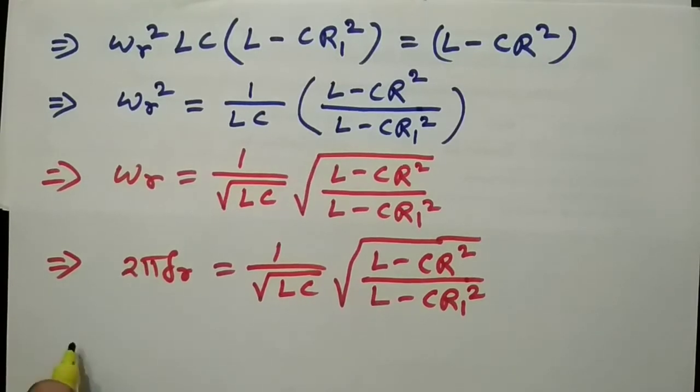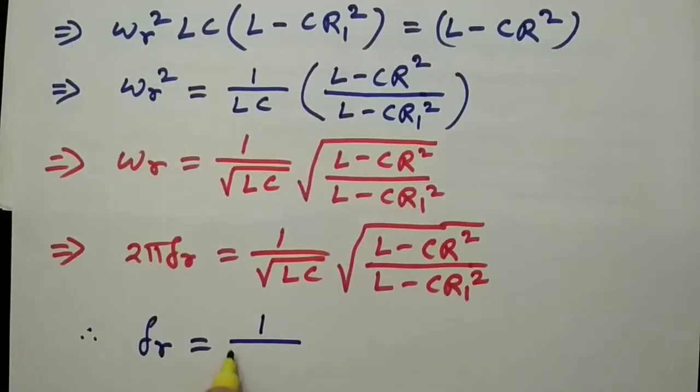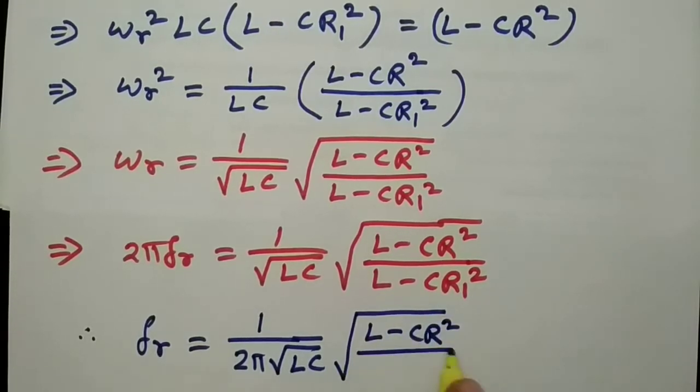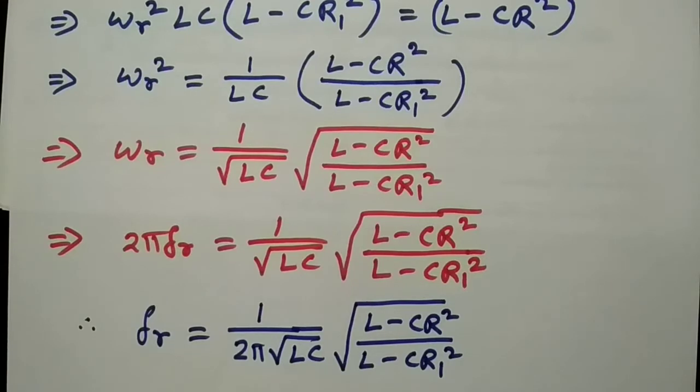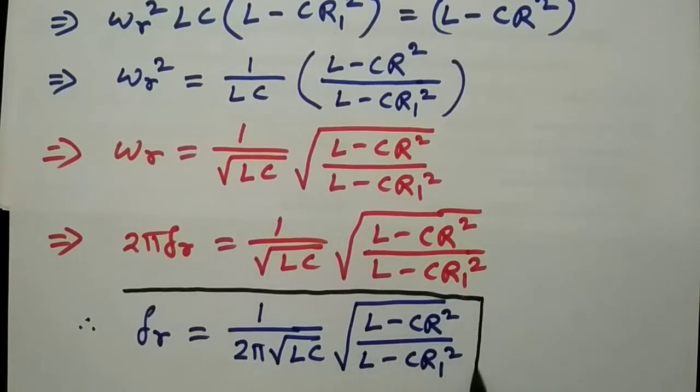So finally, resonant frequency FR will be equal to 1 upon 2 pi root LC and square root of L minus C R square upon L minus C R1 square. So this is the expression of the resonant frequency of a parallel circuit.